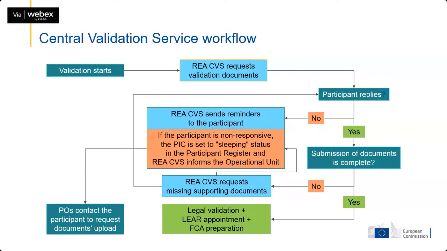And if something is missing, we follow the same logic by sending you 3 reminders until we receive the requested documents. However, if the documents are all there, or if you have replied and submitted additional documents and we are able to complete our task, we go further by validating your entity, appointing the LEA, and performing the financial capacity assessment.